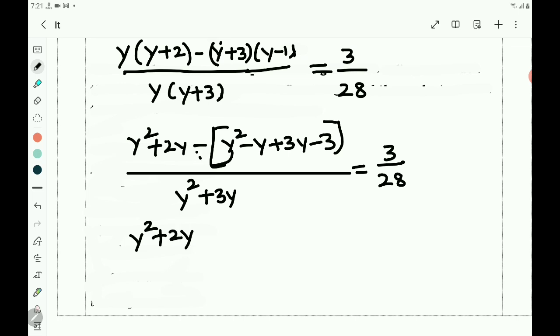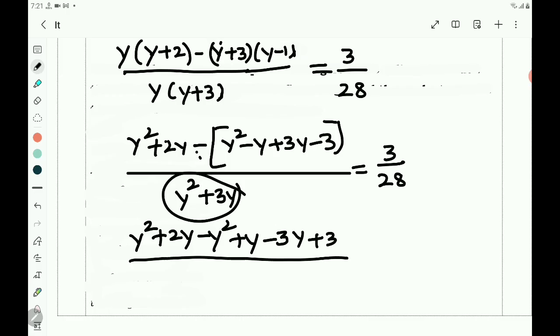Here minus of y square is minus y square, minus of minus y is plus y, minus of plus 3y is minus 3y, then minus of minus 3 is plus 3. Write this y square plus 3y as it is. Y square plus 3y equals 3 by 28.